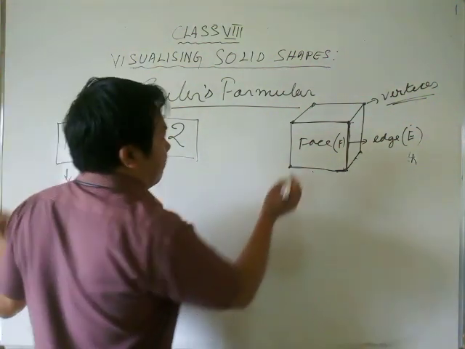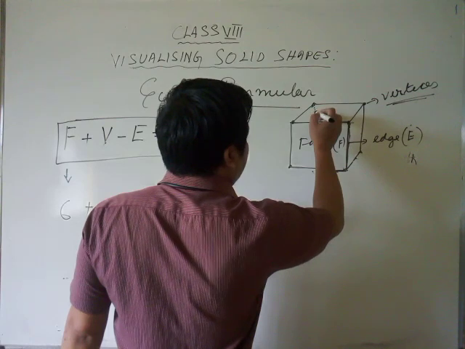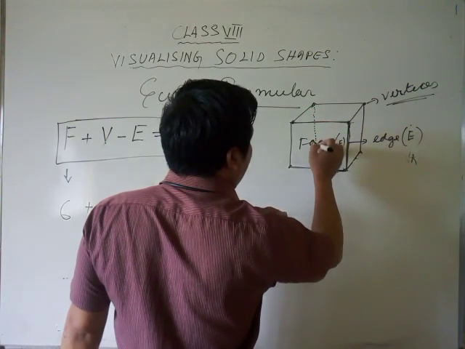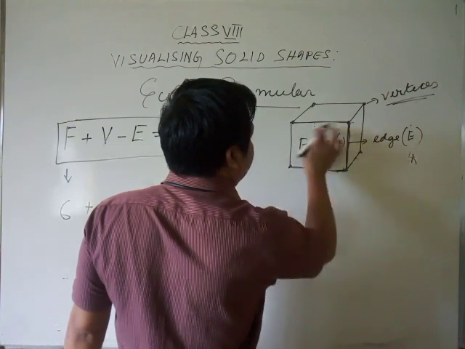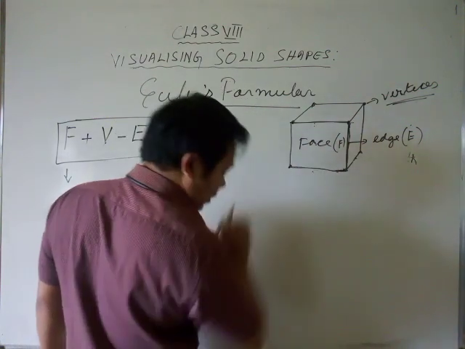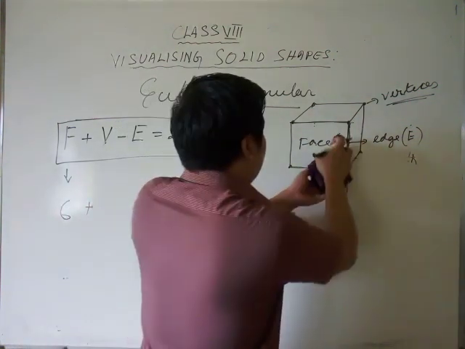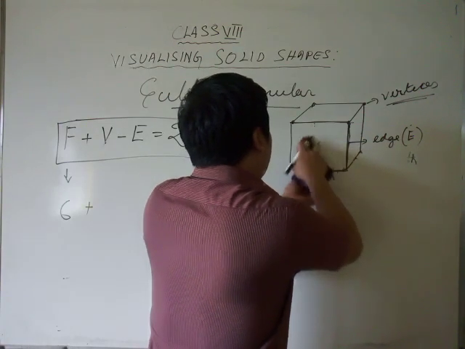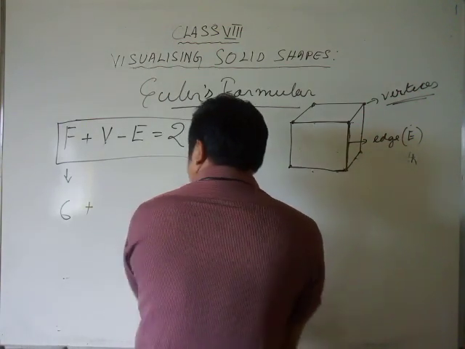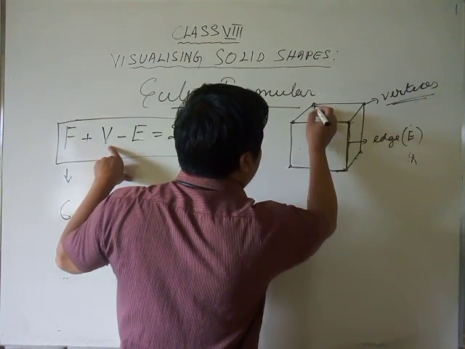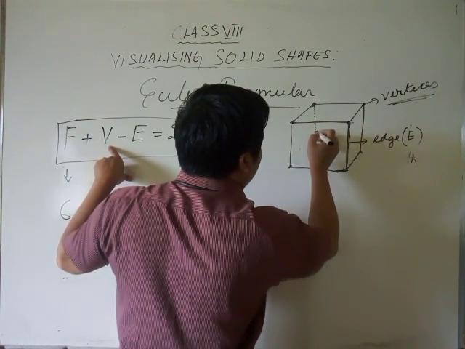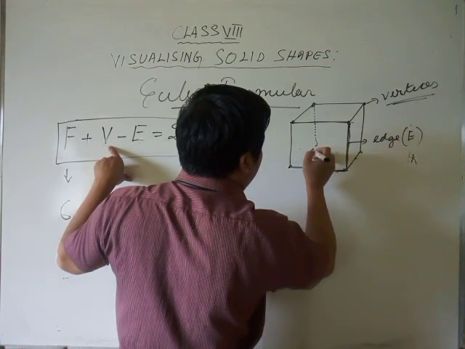Let us find out how many vertices are there. On the other side, some edges will be there like this, isn't it?